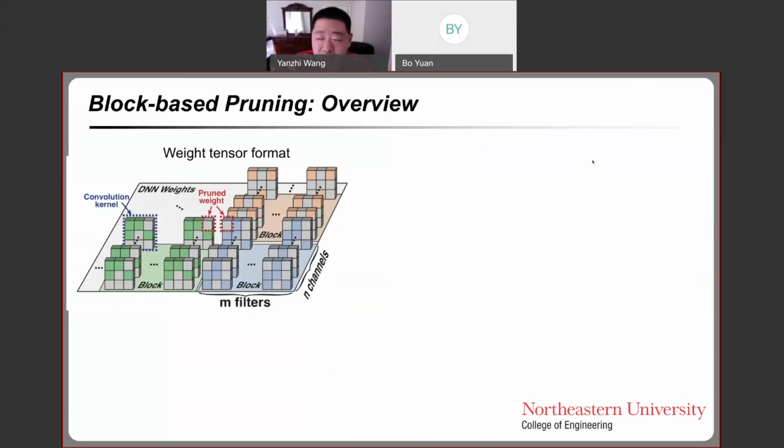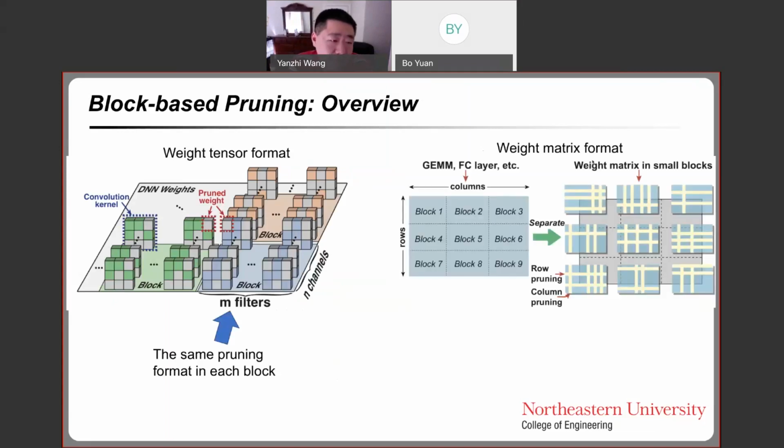Block-based pruning is a general pruning that can work for all types of convolutions and also the fully connected layers, including the transformers and so on. There is this weight tensor format for the convolution layer, and then there is this weight matrix format for the fully connected layer.